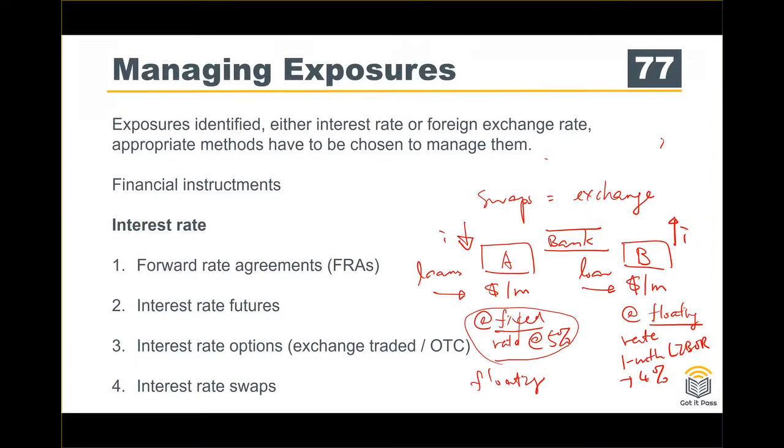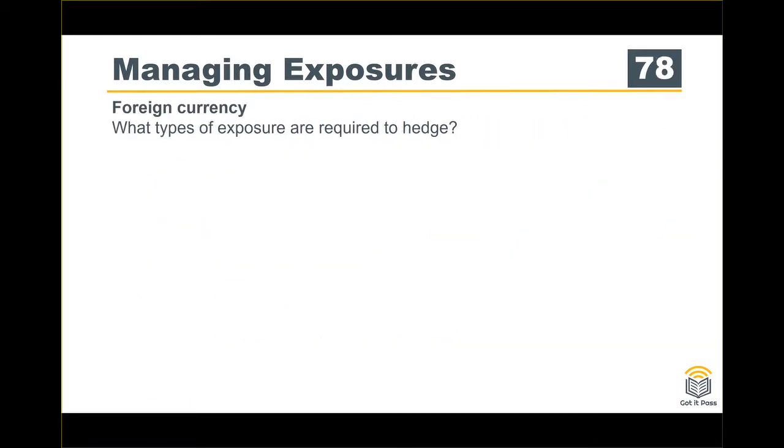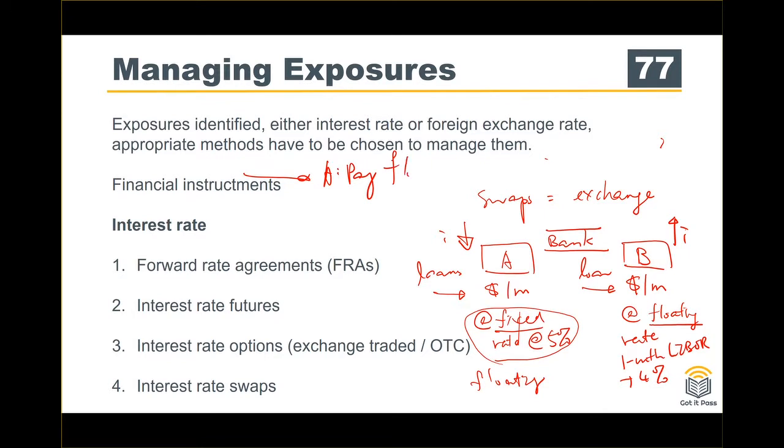So here, for A, you pay the bank floating rate interest, but receive fixed rate income. Okay, and for B it is the opposite.